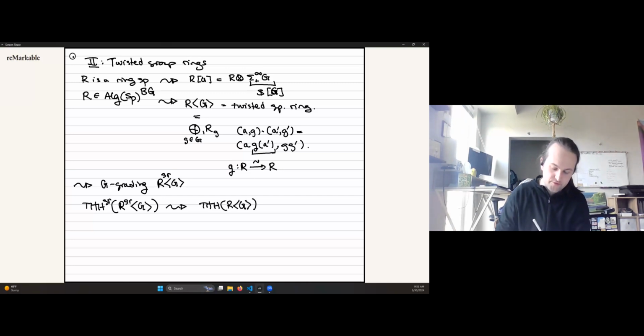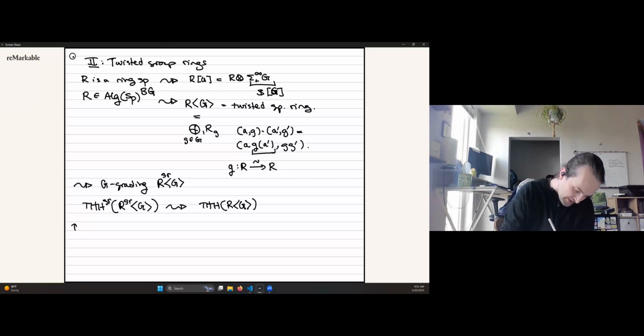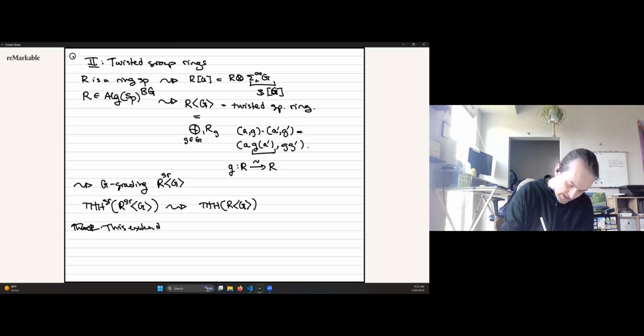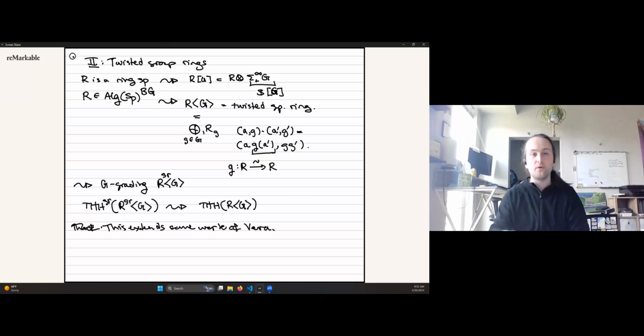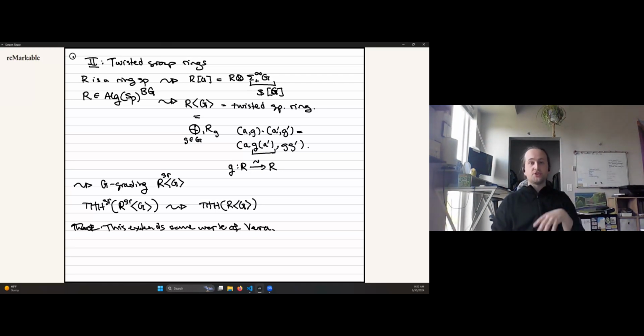And maybe I should just remark really quickly that this extends some work of Vera, who showed that if you have an ordinary ring and a group action by ring automorphisms on that, there is a decomposition of the THH of the twisted group ring into a sum of terms, which basically amounts to just giving the thing a G grading.